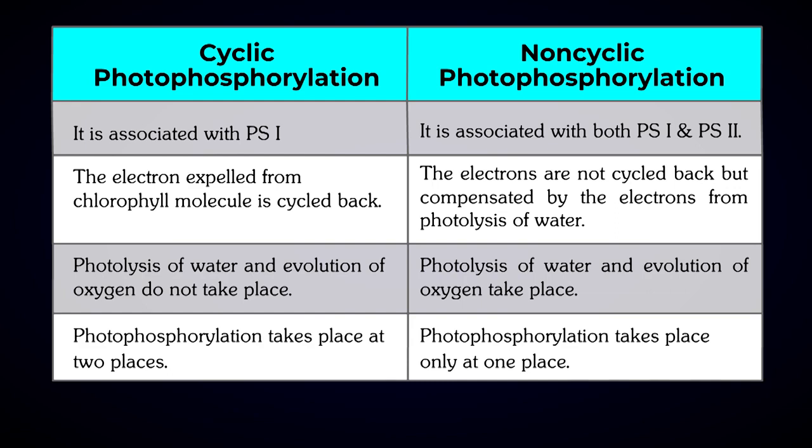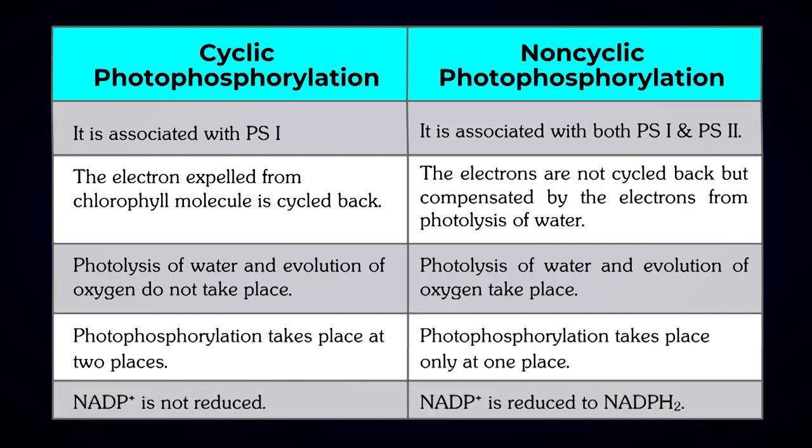Non-cyclic photophosphorylation takes place only at one place. In cyclic photophosphorylation, NADP+ is not reduced. NADP+ is reduced to NADPH2 in non-cyclic photophosphorylation.